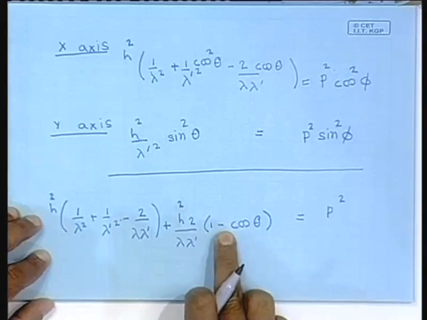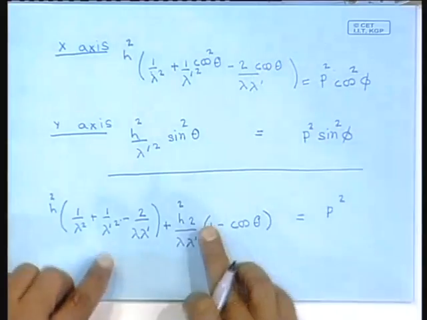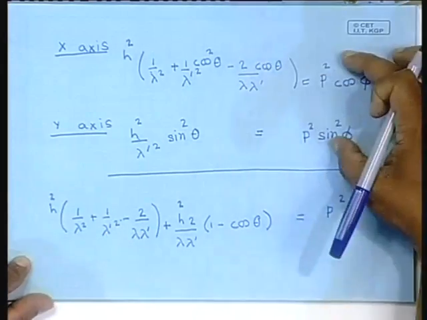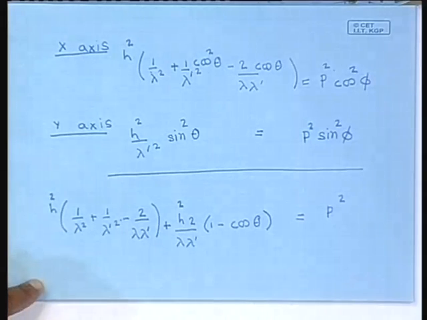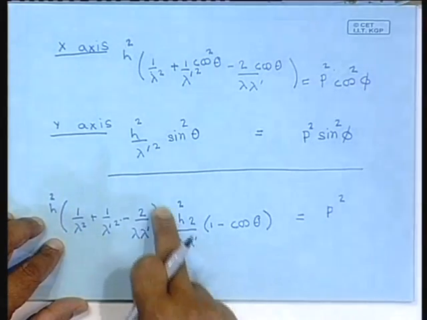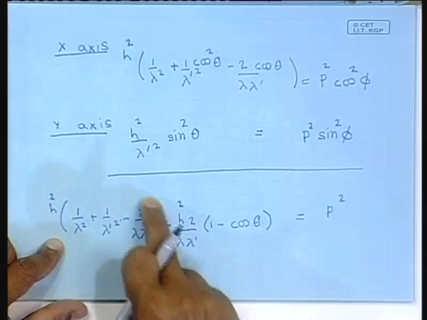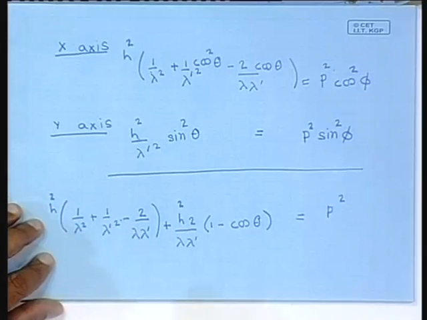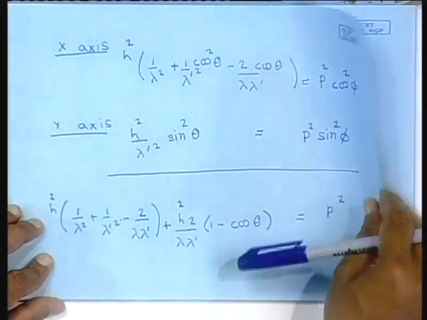So, 1 minus this minus cos theta term is this, and this term exactly cancels out with this. So, this is the sum of these two terms. Now, note that the first term over here can be simplified a little bit more.